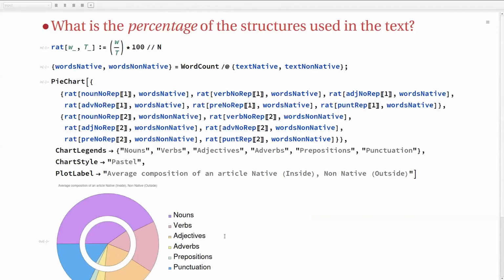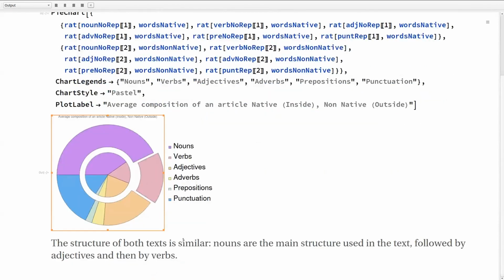What's the percentage of a structure used in the text? So we defined the function rat that takes two arguments: the kind of lexical feature and the total of phrases in the text.